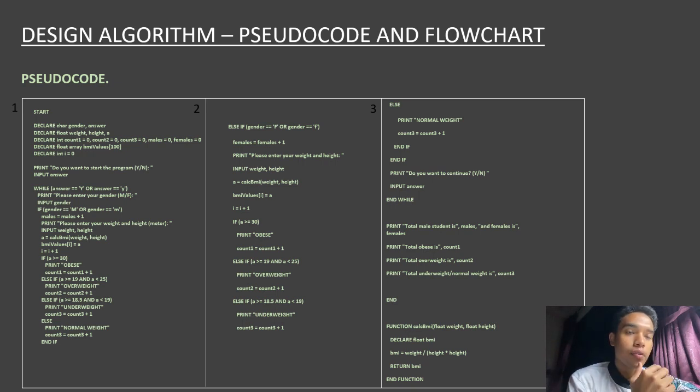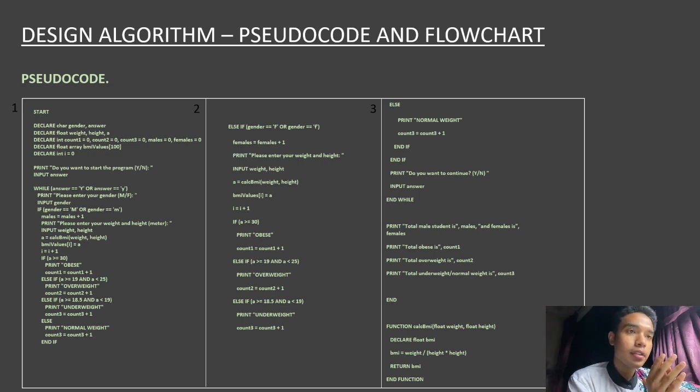After that, the user inputs the gender. If the gender is equal to M, uppercase or lowercase, it goes to the next step, and we display the next sentence: please enter your weight and height in meters. And after that, the user inputs their weight and height.